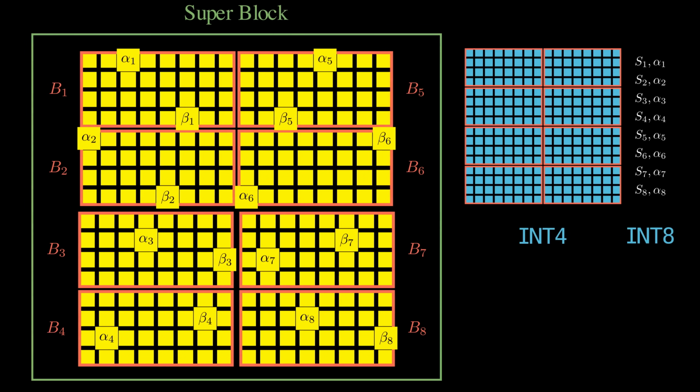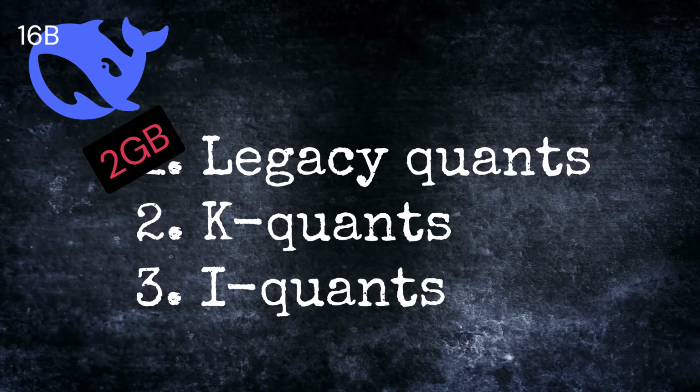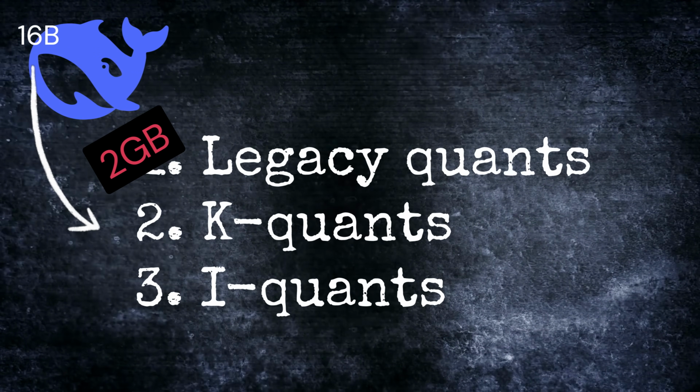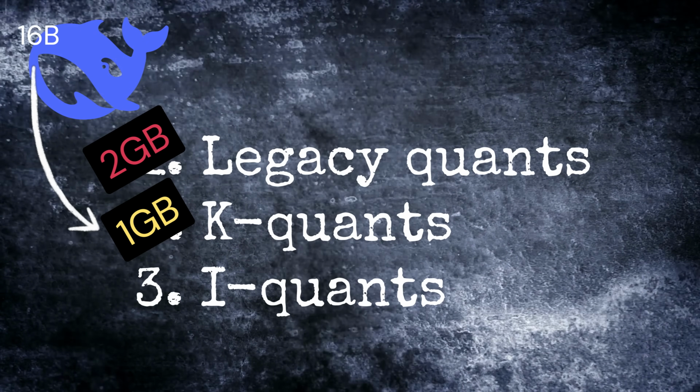They are themselves quantized values, so to dequantize them, we now need an extra pair of floating point 16 constants for the entire superblock. This is a two-level quantization scheme. The superscale dequantizes the block scale, which dequantizes the weights. This saves quite a bit of space. In our 16 billion parameter model, the overhead is only 1 gigabyte instead of 2.